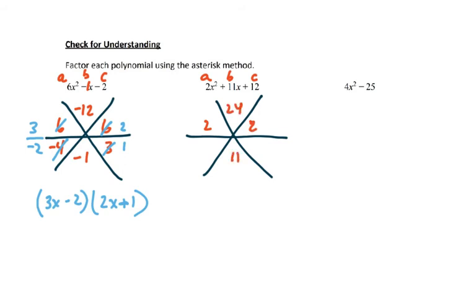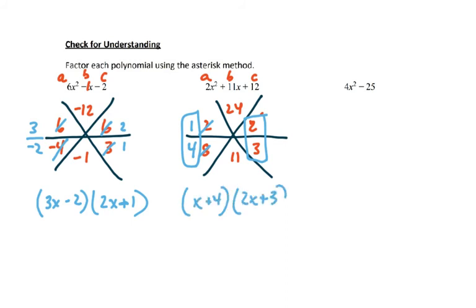B is 11. We need two numbers that multiply to get 24 but add up to positive 11. And we get 8 and 3. This one is reduced already. This one reduces by 2. So we get 1 and 4. So x plus 4 and 2x plus 3.